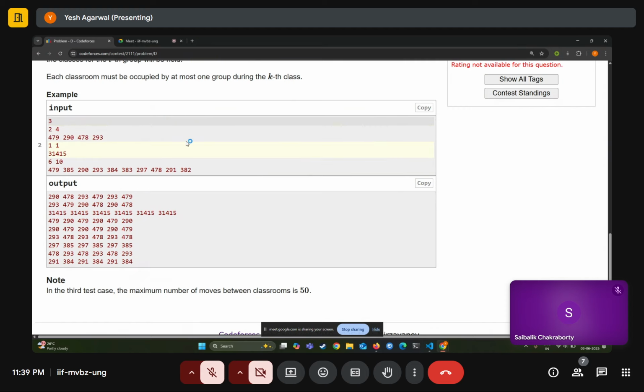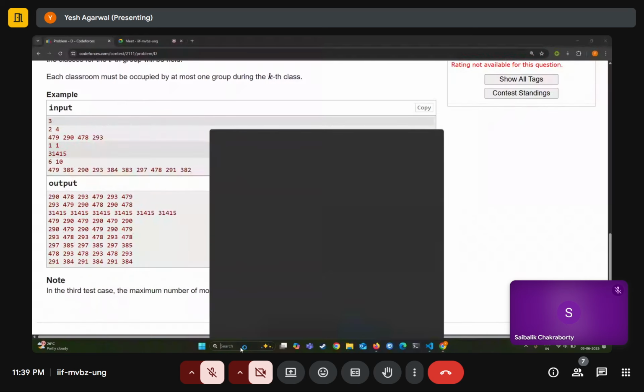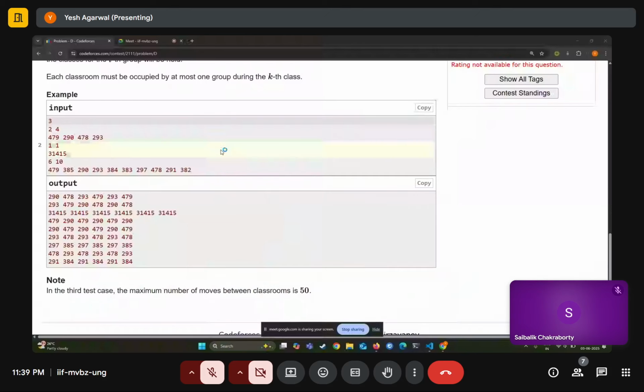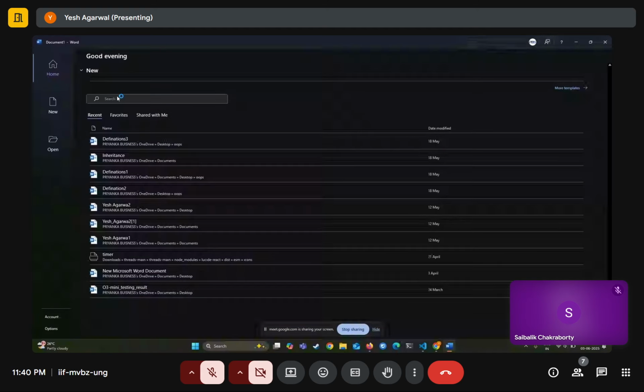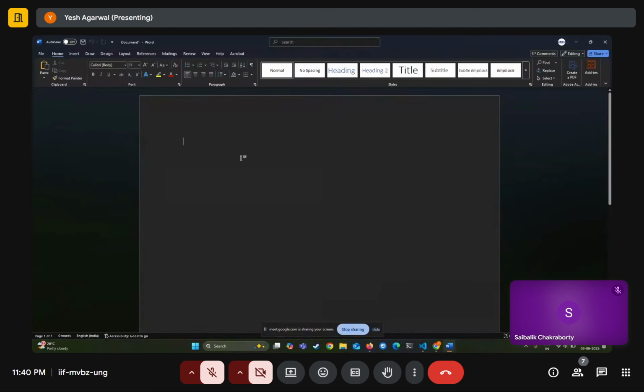For example, let's say there are four classes. One class is at floor 1, another class is at floor 2, another class is at floor 20, and another class is at floor 22.